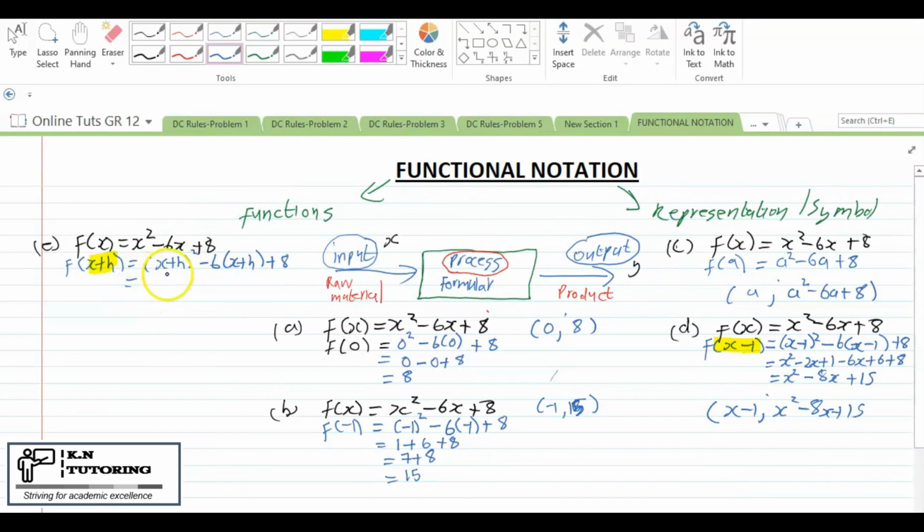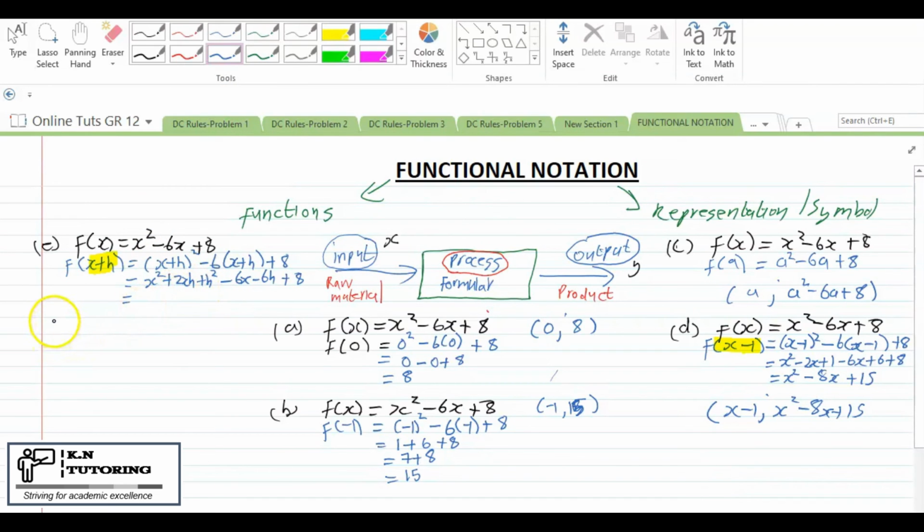If you simplify this, you'll find that it will give you x squared plus 2xh plus h squared minus 6x minus 6h plus 8. And then, are there any like terms here? There are no like terms.